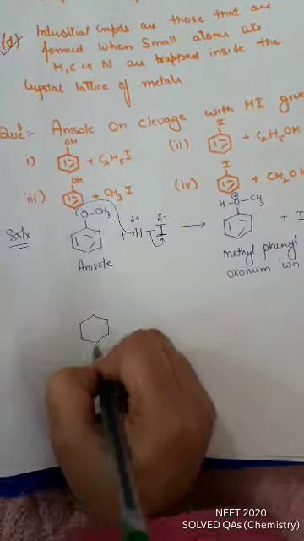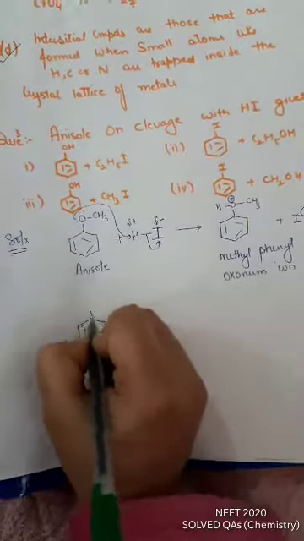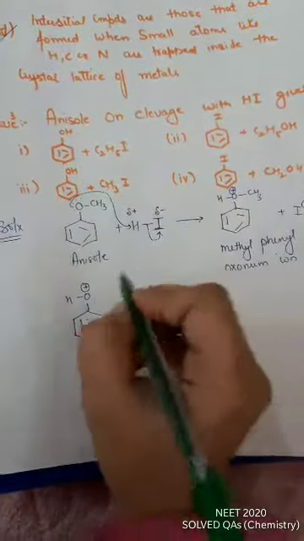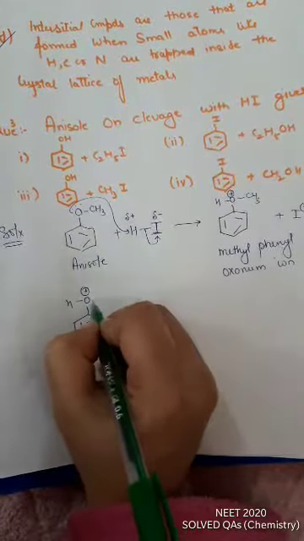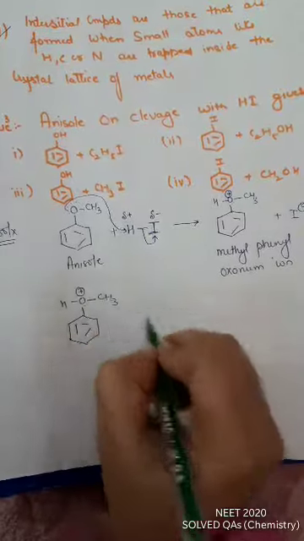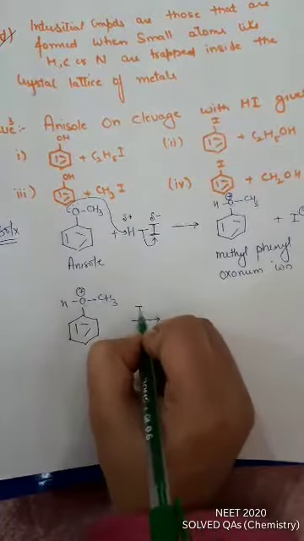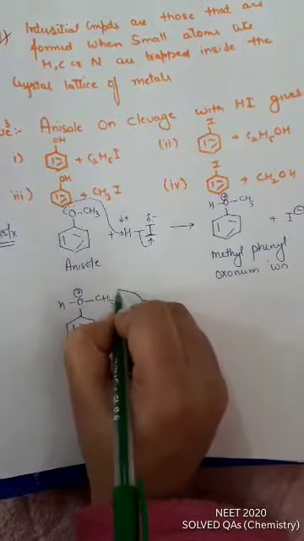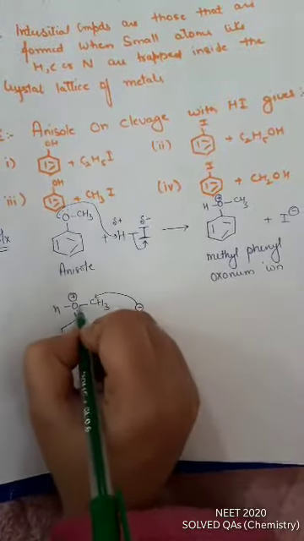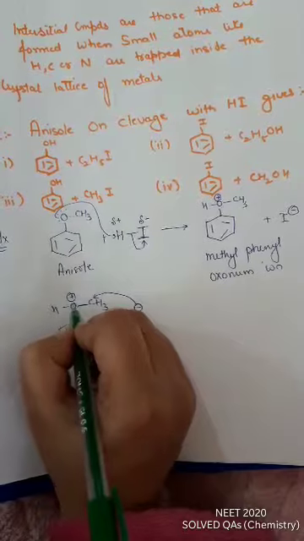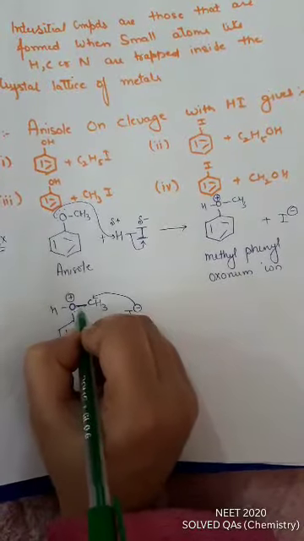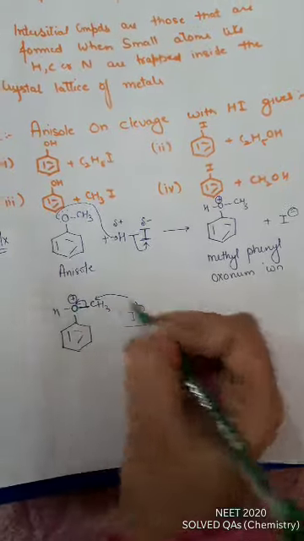Now in this product, with O positive and two lone pairs, CH3, iodine will react with this CH3, and the electrons of the bond between oxygen and carbon will shift towards the oxygen.